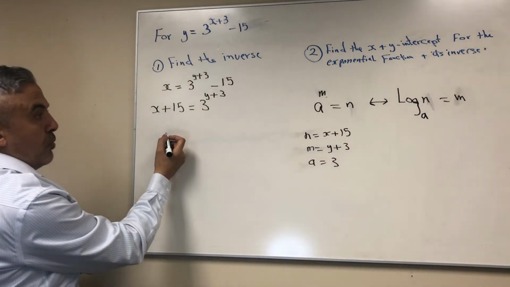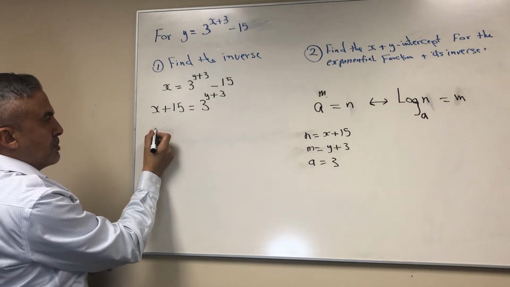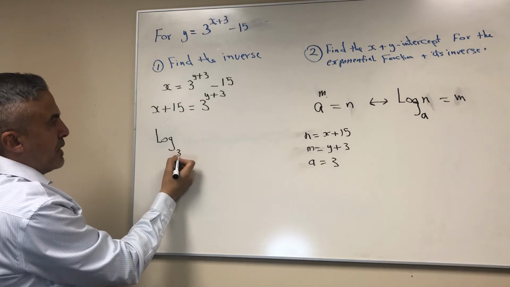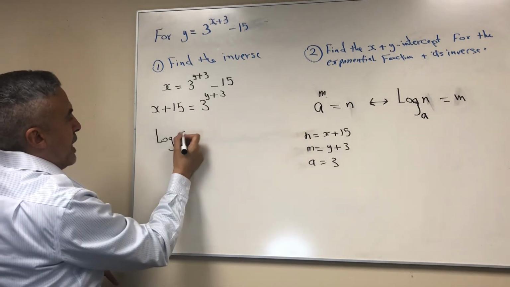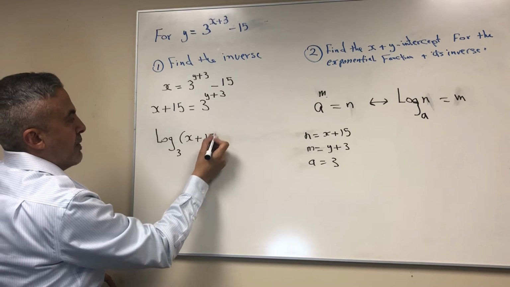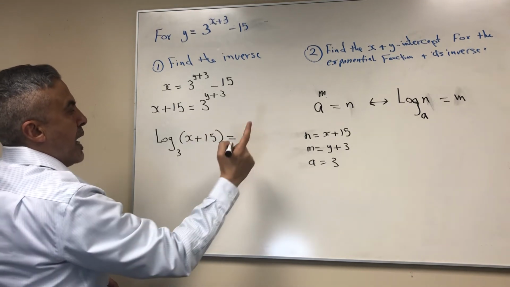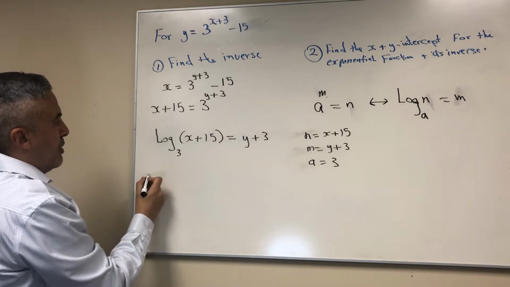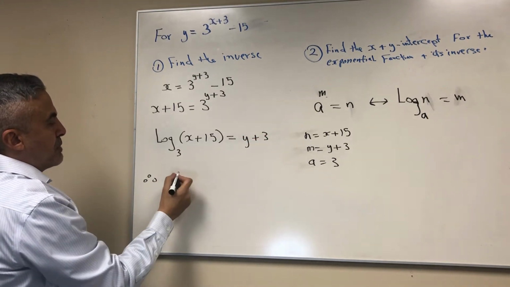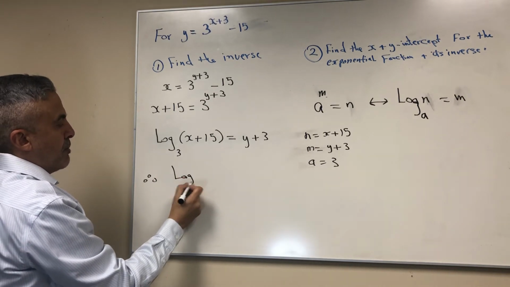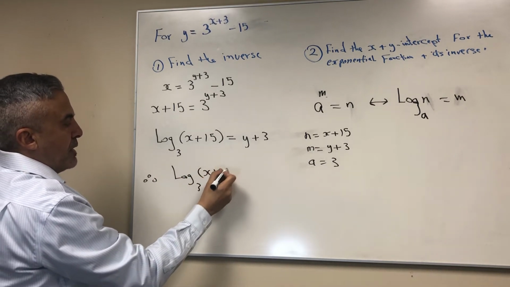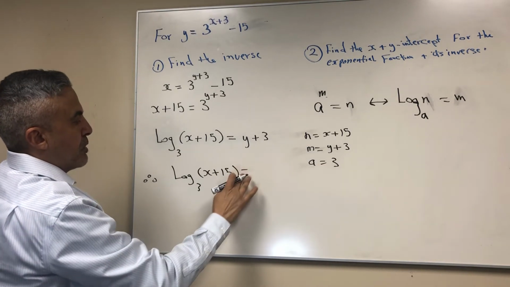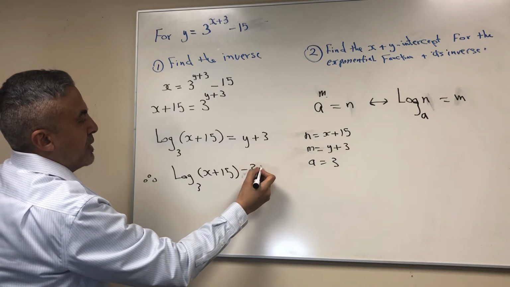So what it becomes is log base a, which is 3, of n, which is x plus 15, equals m, which is y plus 3. And therefore, we just move the 3 to the other side, so it becomes log base 3 of x plus 15 minus 3 equals y, because when we move the 3 to the other side, it becomes minus 3.